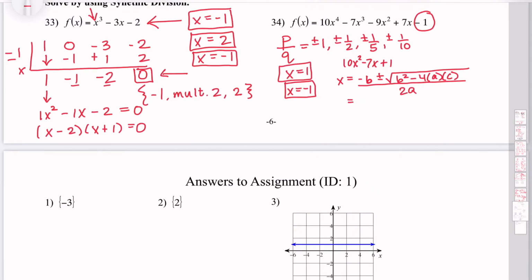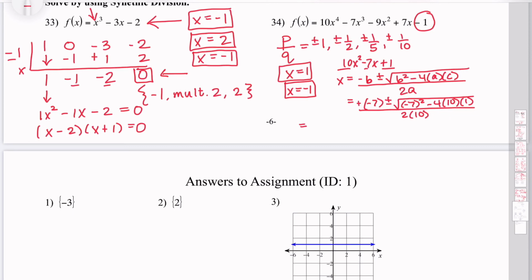Plugging in our values into the quadratic formula, we get negative b, which is negative 7, plus or minus the square root of b squared, so negative 7 squared, minus 4 times a, which is 10, times c, which is positive 1, all over 2 times a, which is like this. Now we simplify.